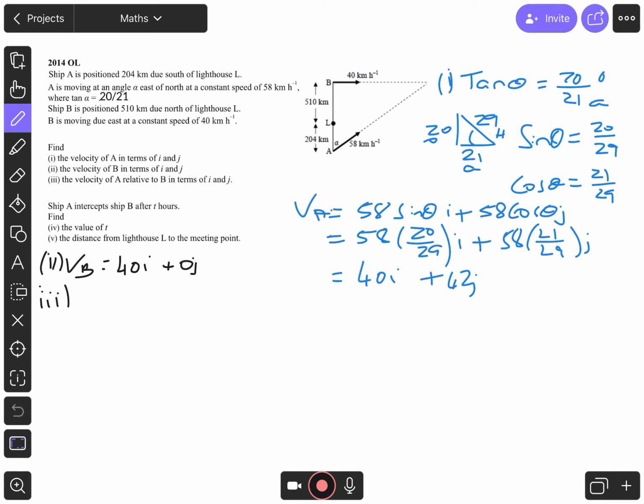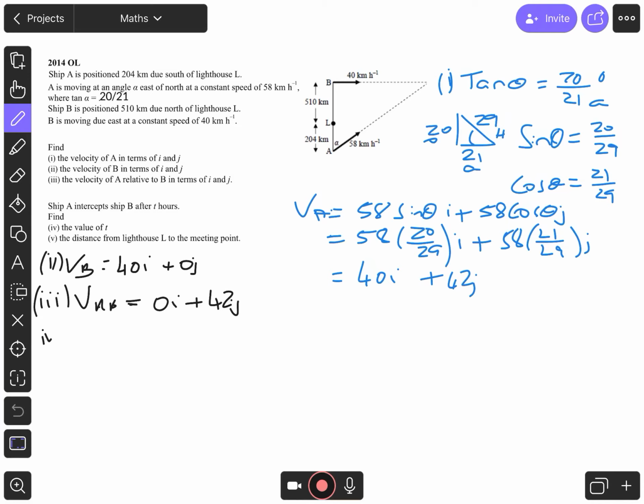Part three asks us to find the velocity of A relative to B. We know that's A subtract B. These are pretty easy because the i's cancel when we subtract them, so it ends up being 0i and 42j.